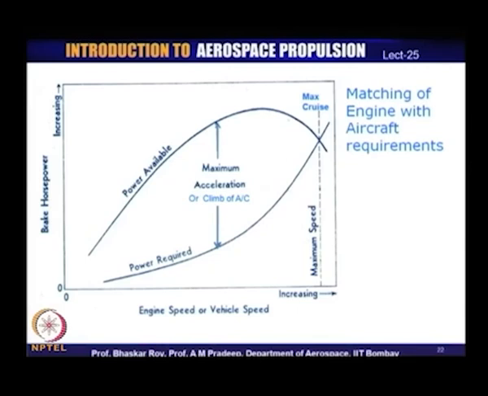This excess power availability from the engine is vitally important, because this is what makes the aircraft climb. Otherwise, the aircraft would not be able to climb from low altitude to the cruise altitude. So, this excess power requirement needs to be factored into the engine design, and this is vitally important for aircraft engines.